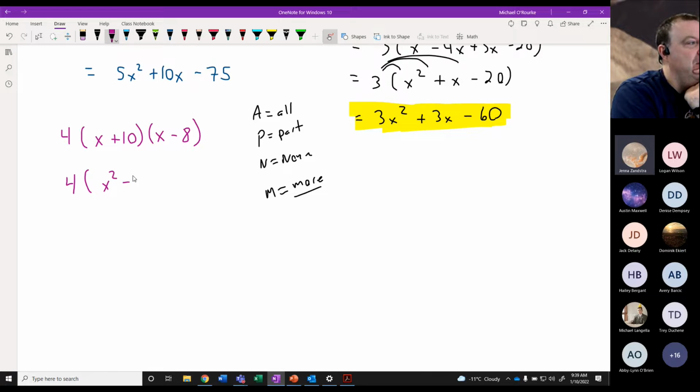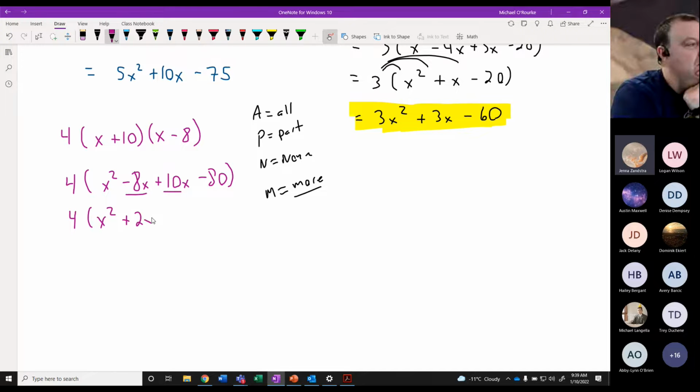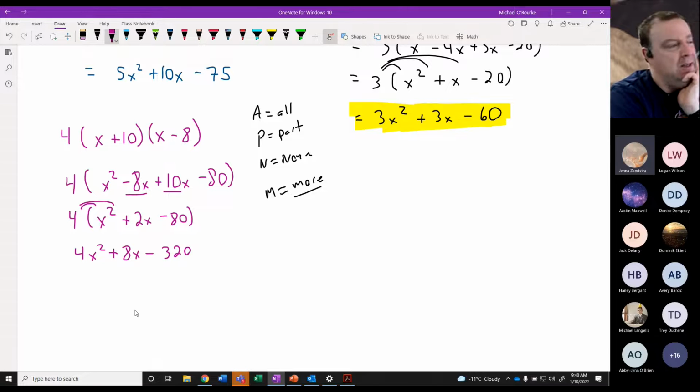I'll go in the right order this time, since you guys all got mad at me last time. Then I'm going to collect my like terms. Put these two together to get plus 2x. Then lastly, I'm going to rainbow in, which gives me that should be my last answer.